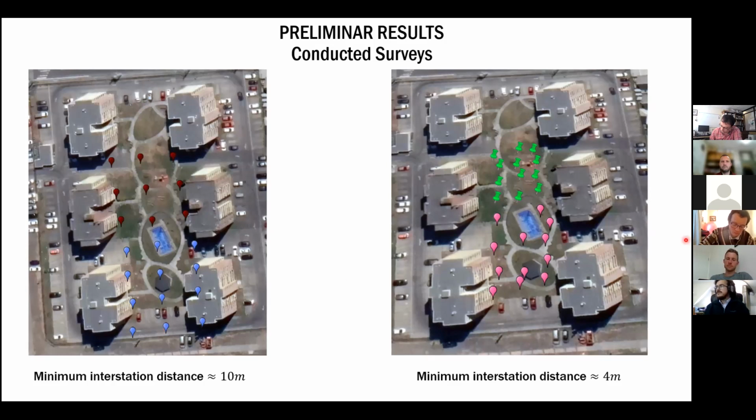So because of that, we conducted another survey. Here's part 1 of the survey, and this is part 2. And the minimum interstation distance in this case was around 4 meters.